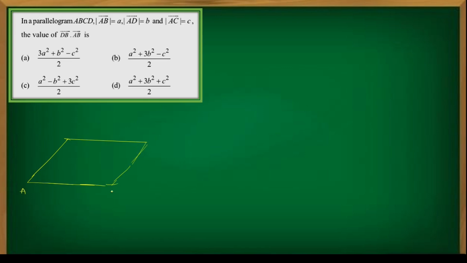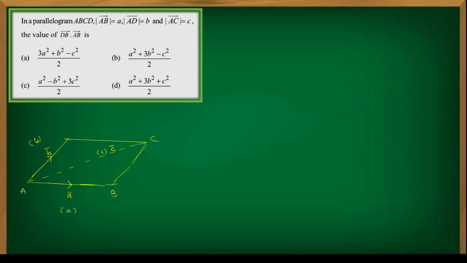The AB vector I will suppose as a bar, and its length is a. The AD vector I will suppose as b bar, and its length is b. The AC vector I will suppose as c bar, whereas its length is c.